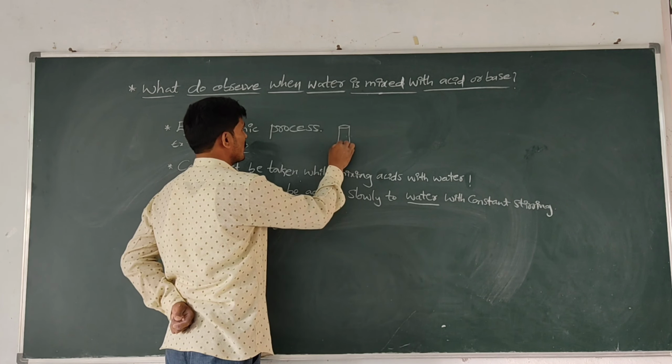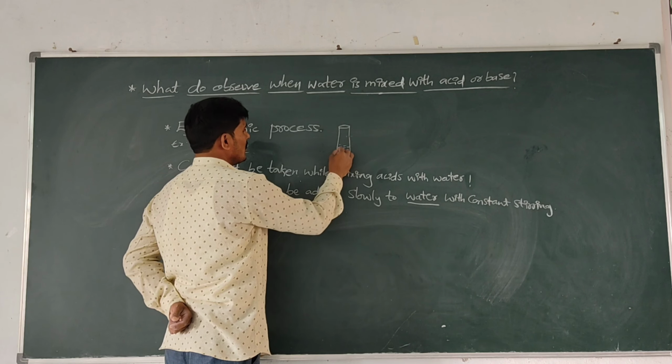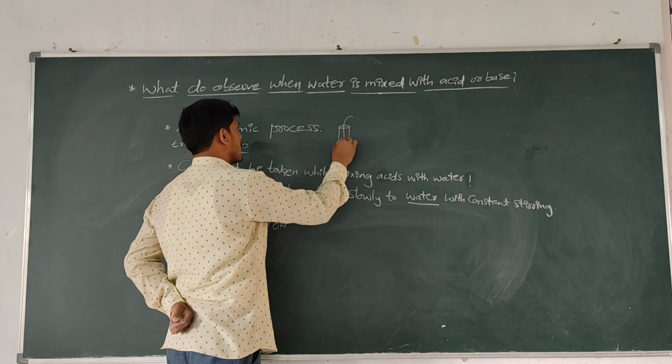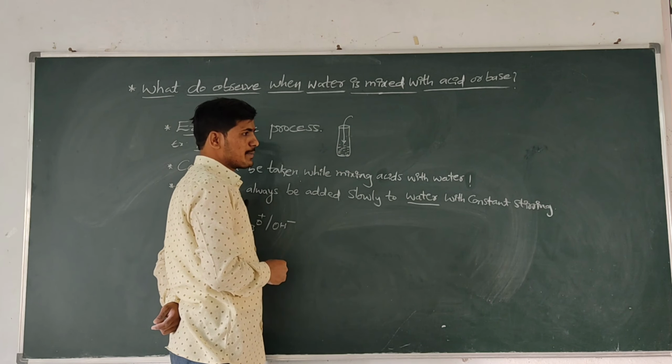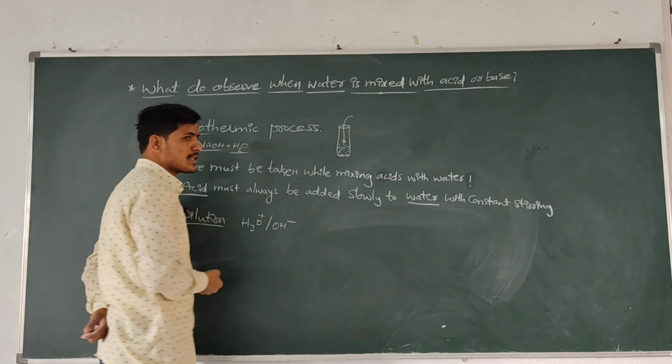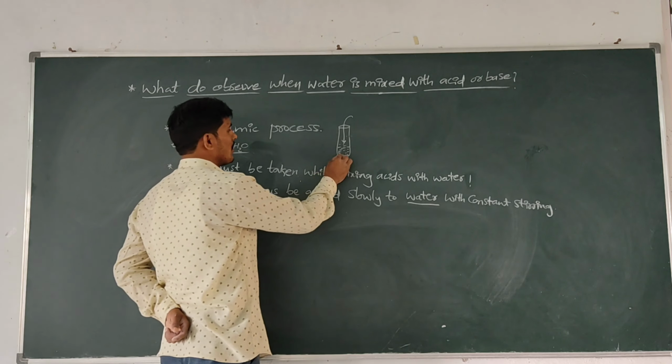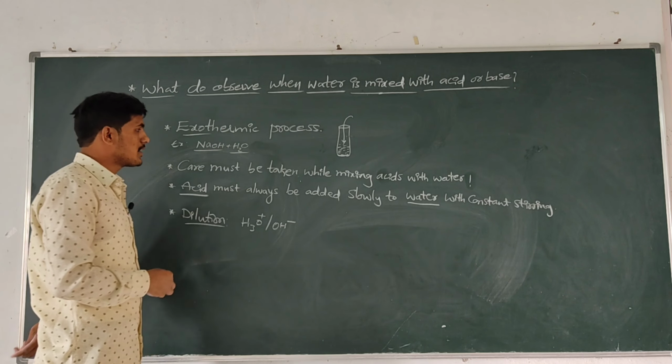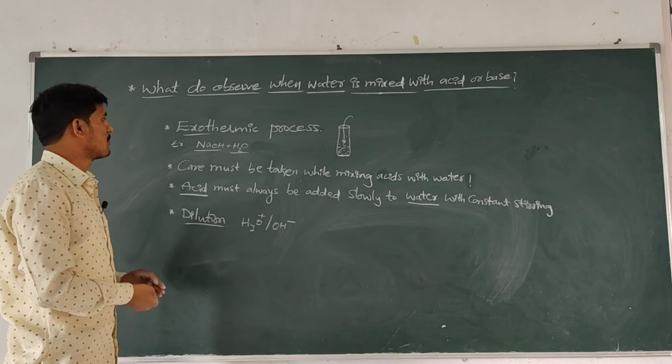When we add water molecules, the pellets will dissolve. When we touch the bottom of the test tube, it will be very hot to touch. Based on this, we can say that it is an exothermic process.